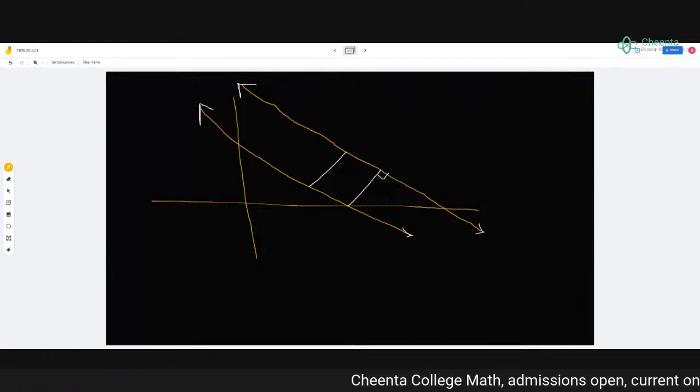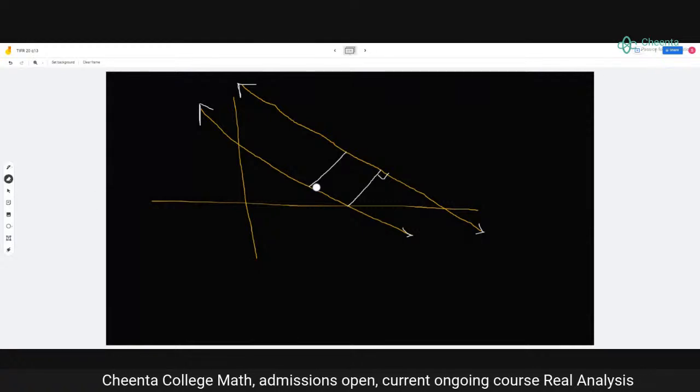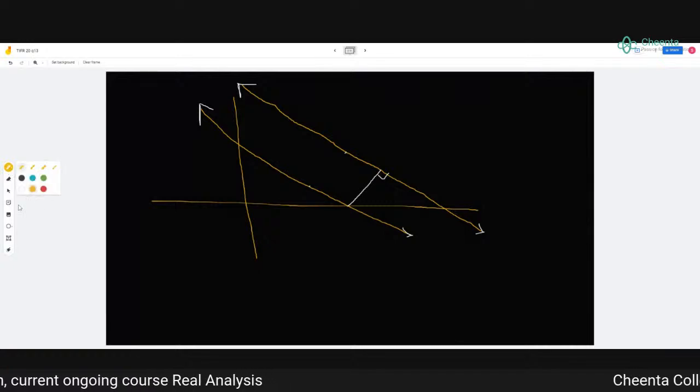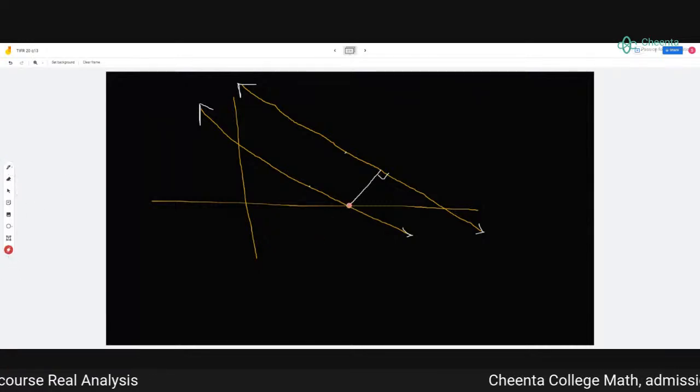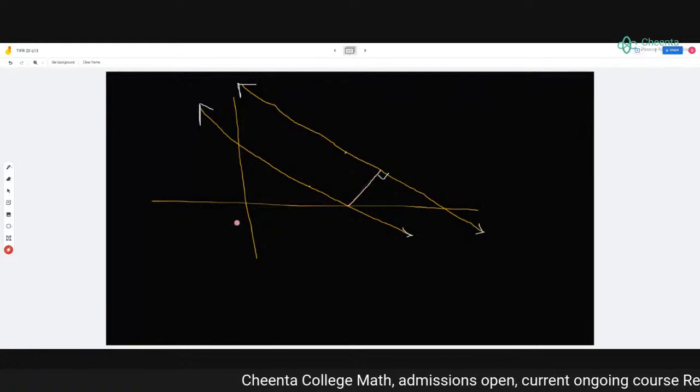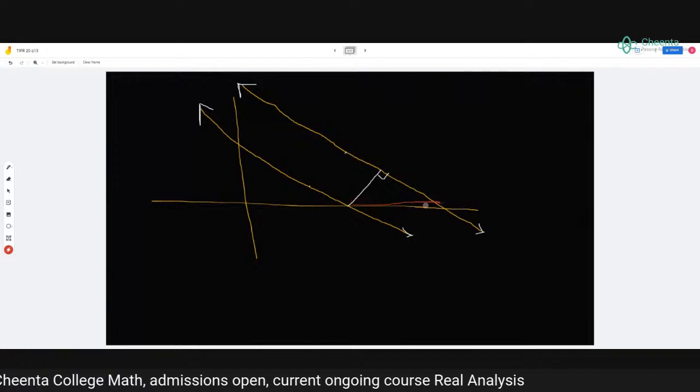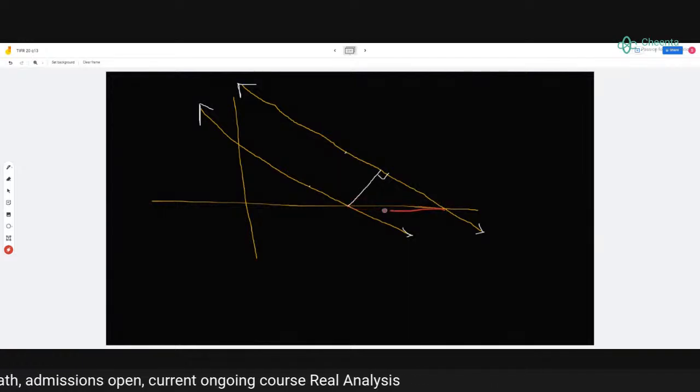So without loss of generality, you can actually take this one. Now what happens, look closely, that since this is greater than 1, all right, so this thing is always greater than 1. This distance is always greater than 1.